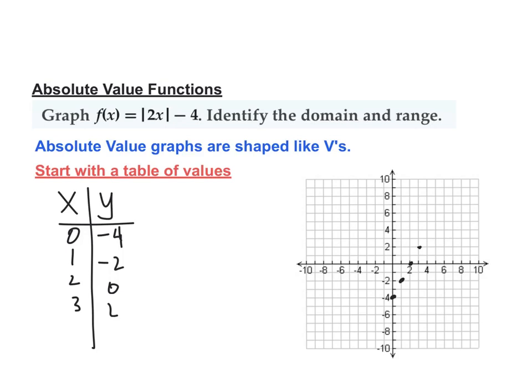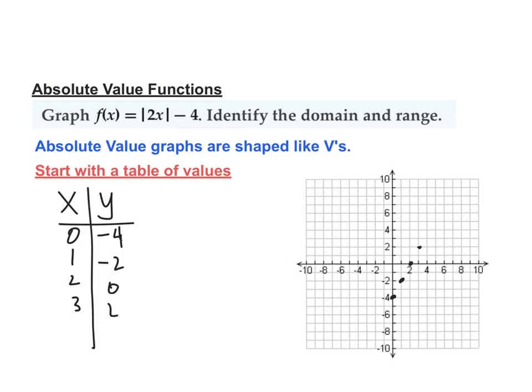It looks like a straight line. So if I keep going on the positive values for x, I'm going to keep thinking that it's a straight line. So there's a point where you sort of have to abort. That's why I want you to plot the points as you go. Because at some point you're like, all right, this is an absolute value function. I know it's supposed to look like a V, so I need to start going the other side for x's.